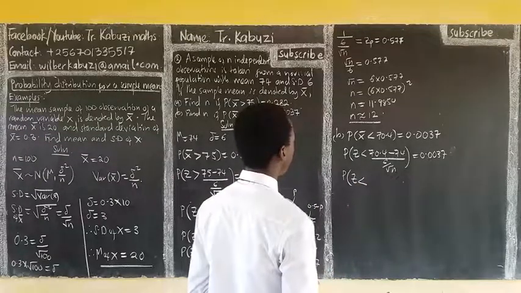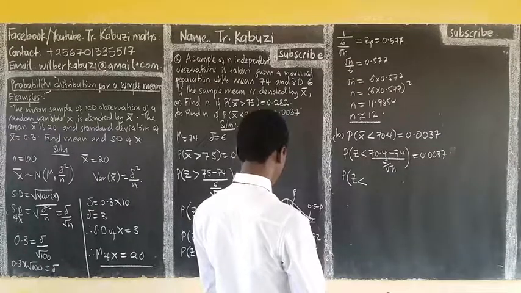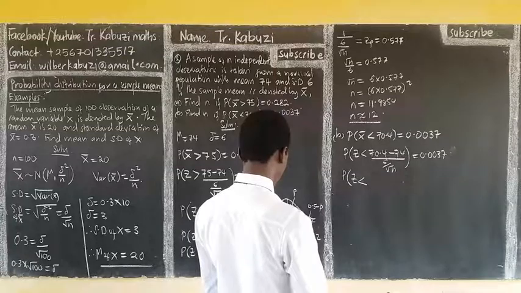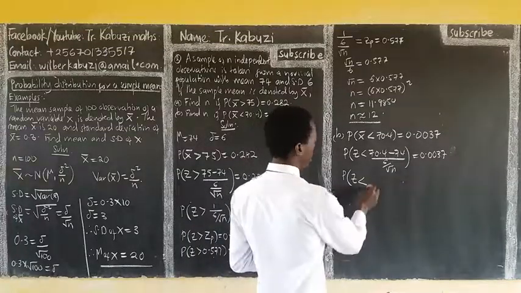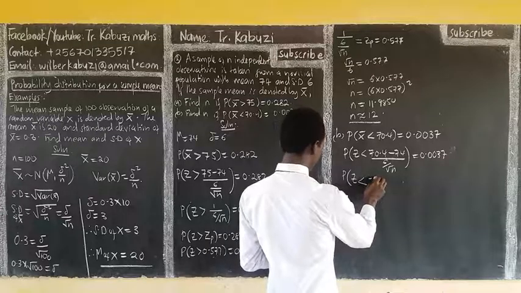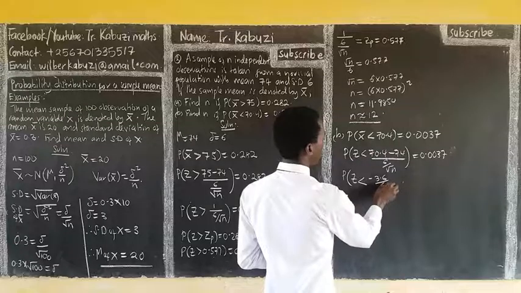There we have a negative, I think. Okay, so this is going to give us negative 3.6.